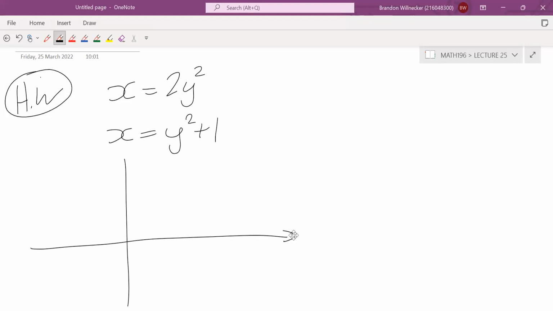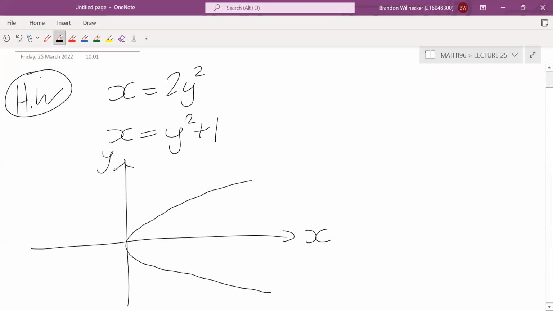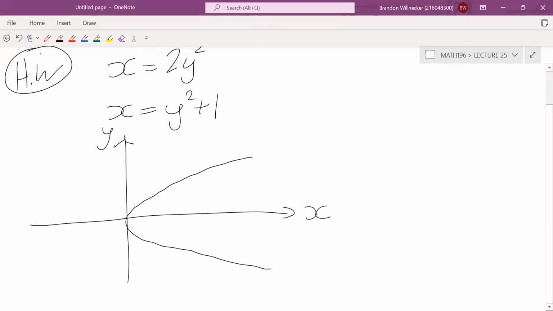So instead of having y as a function of x, we now have x as a function of y. So x equals 2y squared. We just have to draw it like this, because x and y flip around. So just think about flipping x and y around. Then we just sketch it as normal. It's just the variables have swapped around.